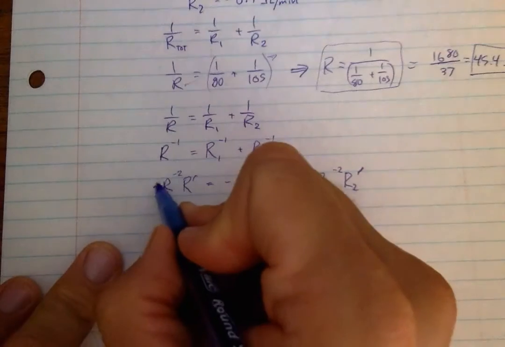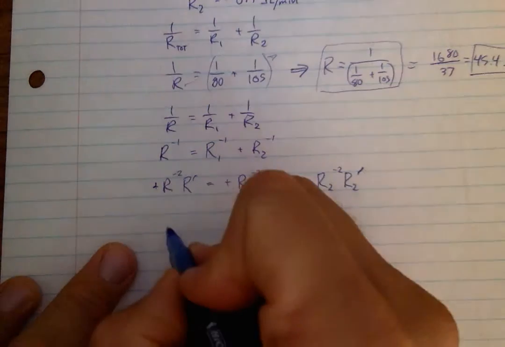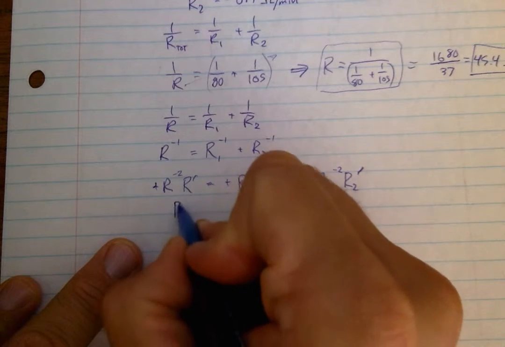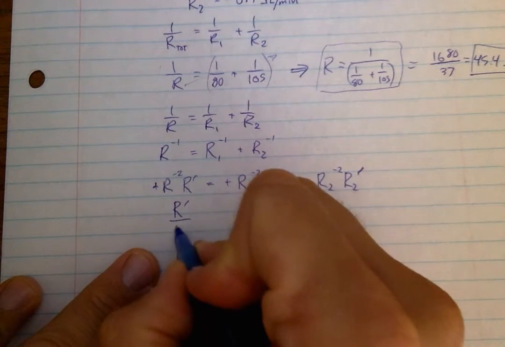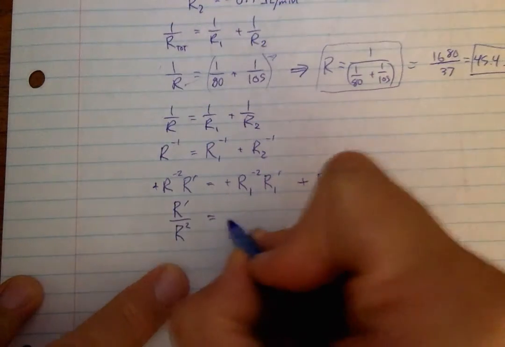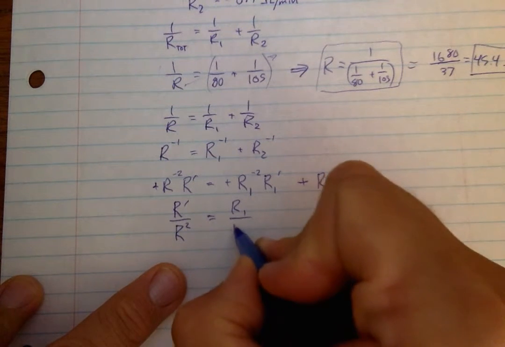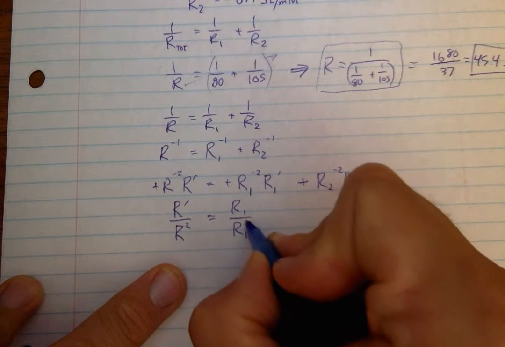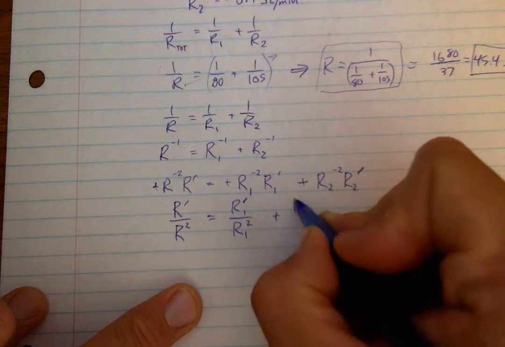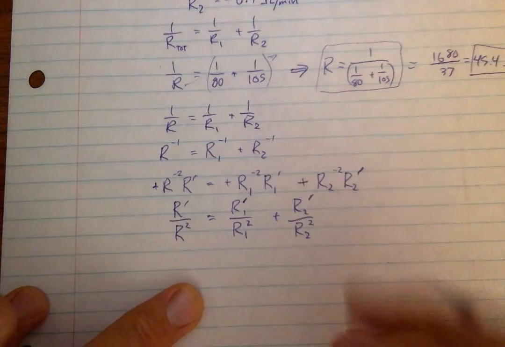Well, one thing we know right away is we can turn all these positive. We divide a negative 1 through the whole equation. So that's kind of nice. And let's write this in a nice way. So we have R prime over R squared, because the R to the negative 2 is in the denominator. Now we have R1 prime over R1 squared, that should be a prime up top, sorry, plus R2 prime over R2 squared.